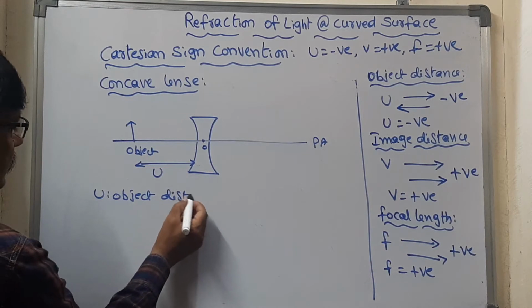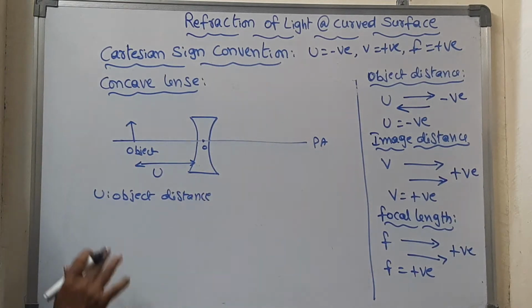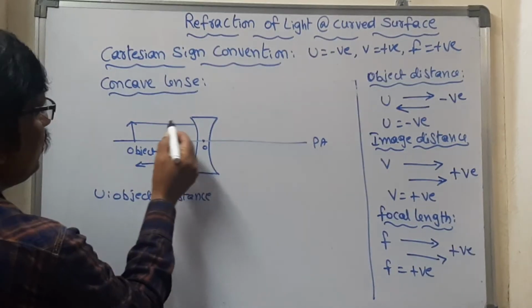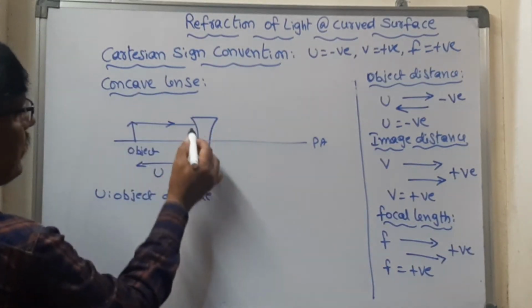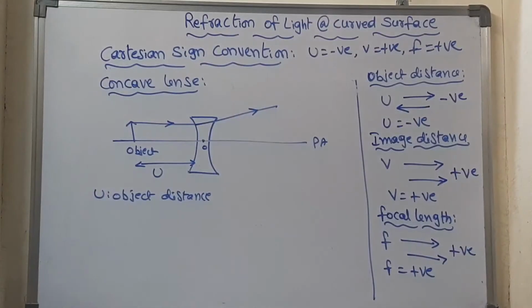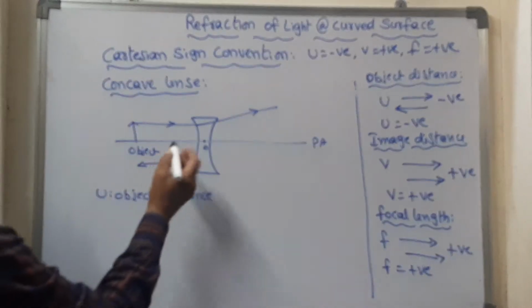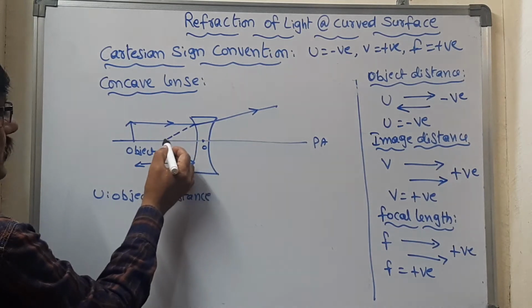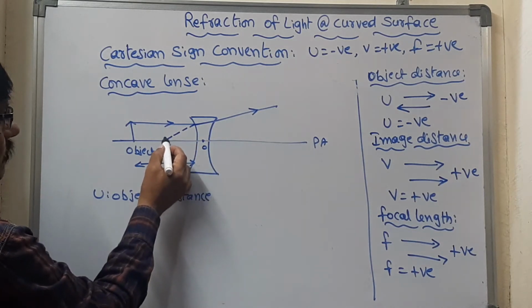Now here let us see the ray passes to the lens. As it is a concave lens, what will happen? It diverges. Concave lenses are diverging in nature. Now we will extend the diverged ray backward towards the principal axis, and then what do we get here?